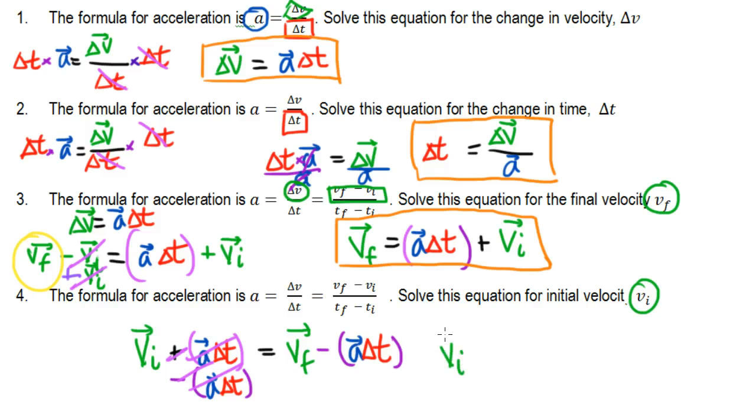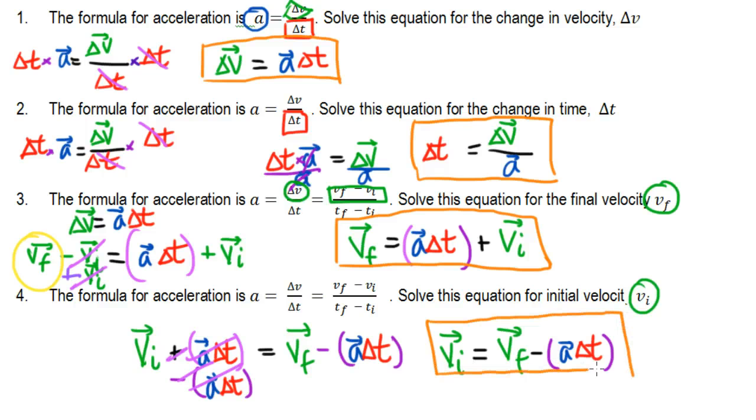V sub I equals the V sub F, so final velocity. So your initial velocity equals your final velocity minus the quantity A times delta T. Acceleration times change in time.